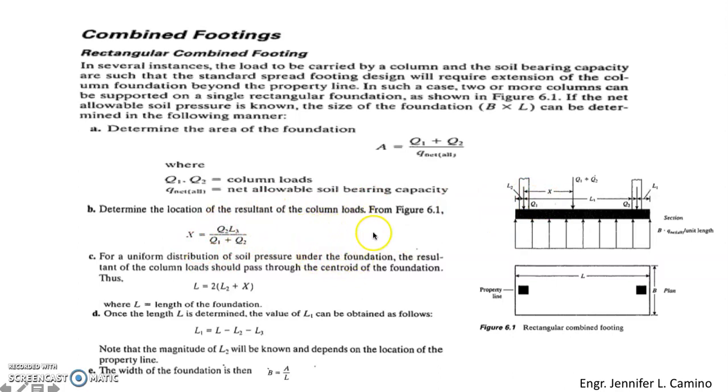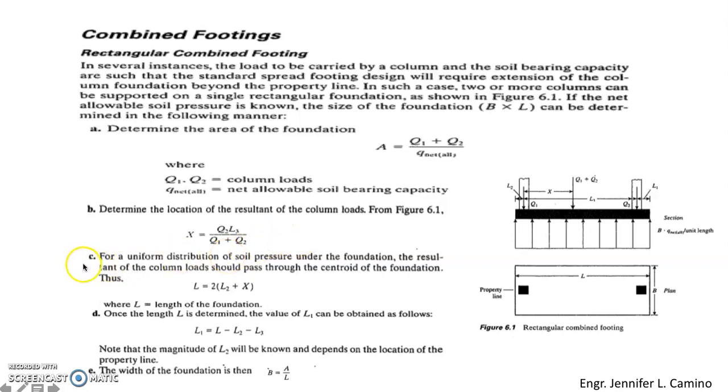The resultant force R times X is equal to Q1 times L1 plus Q2 times L sub 2. So we simply have to specify that the location of the resultant of the column loads is capital X equal to Q sub 2 times L sub 3 all over Q1 plus Q sub 2.